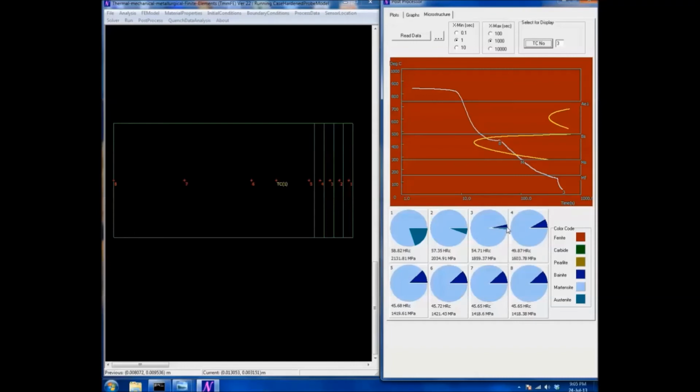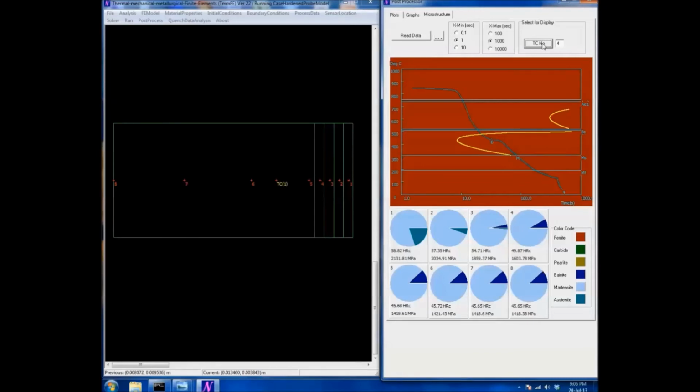About 5 to 6% of bainite is expected at point number 3, with a slightly lower hardness and a slightly lower tensile strength. Moving towards the core, a little more bainite can be expected, and because of which the hardness is reduced and the strength also is reduced.